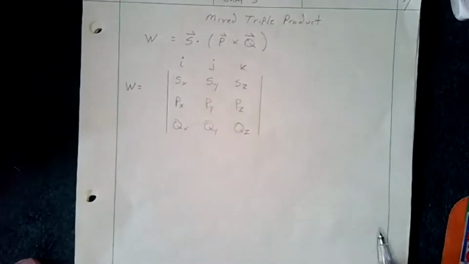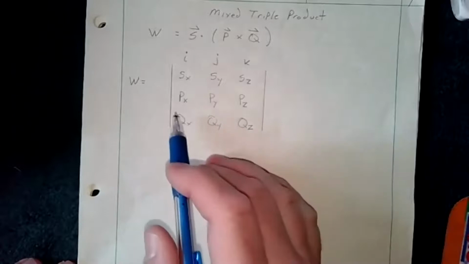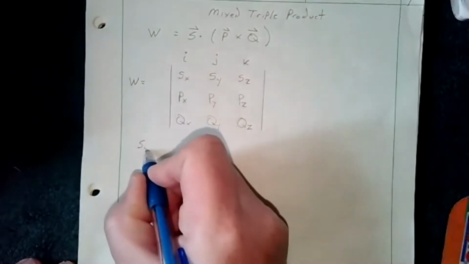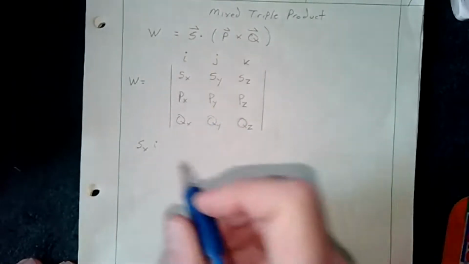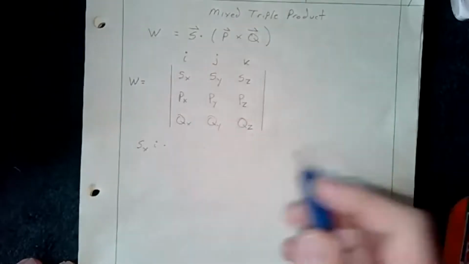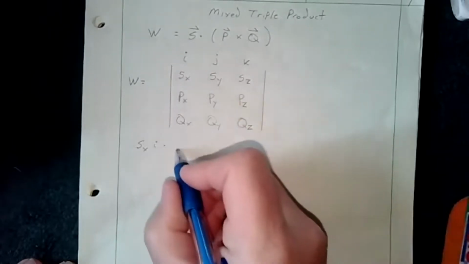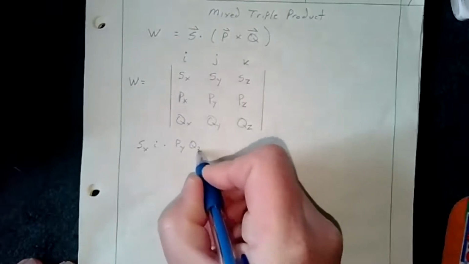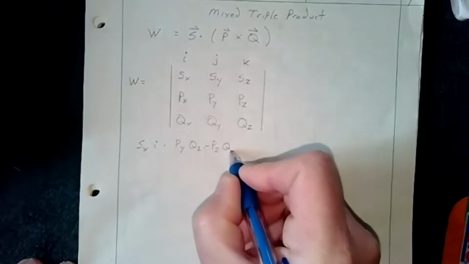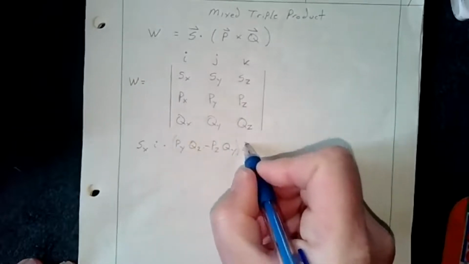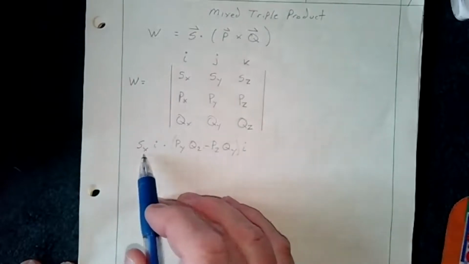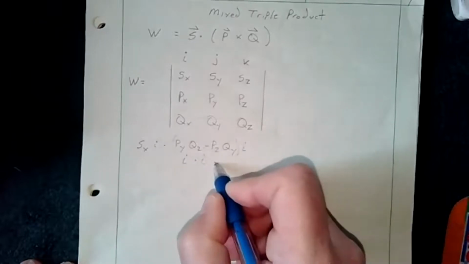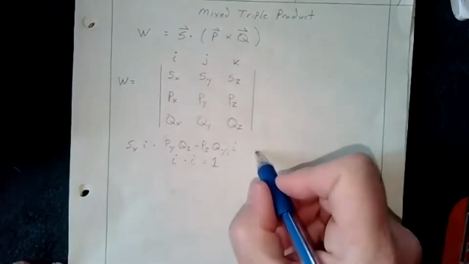If you were setting this up, you would say SX, and again, this is an I component, and you would dot that with the I component here, which is PY QZ minus PZ QY. Whatever that number is times whatever that number is, you have I dot I, which is 1. And then you go on and do the same thing.